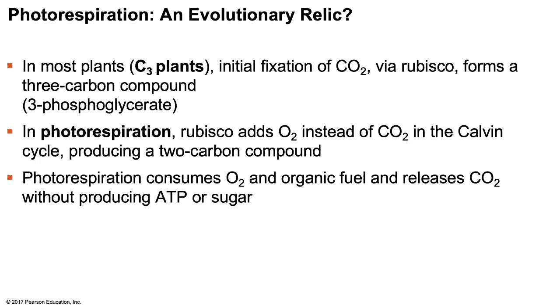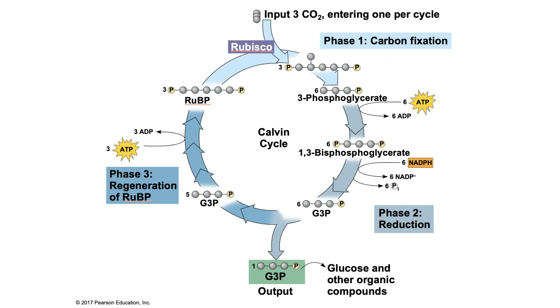As we now know, the first step of the Calvin cycle for C3 plants, we are fixating carbon dioxide onto RuBP using the enzyme Rubisco to form a compound called 3-phosphoglycerate, which later is created into G3P.